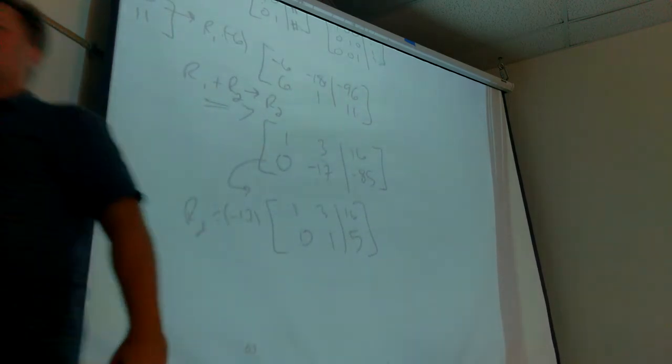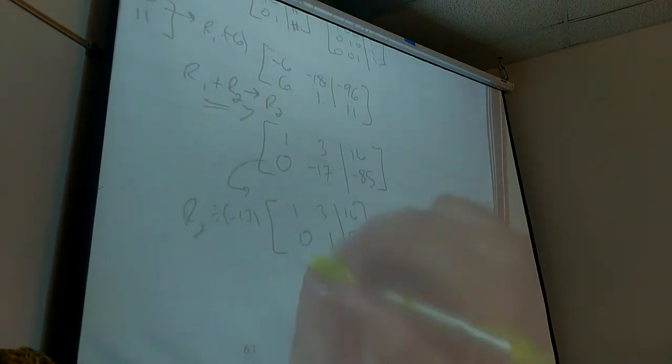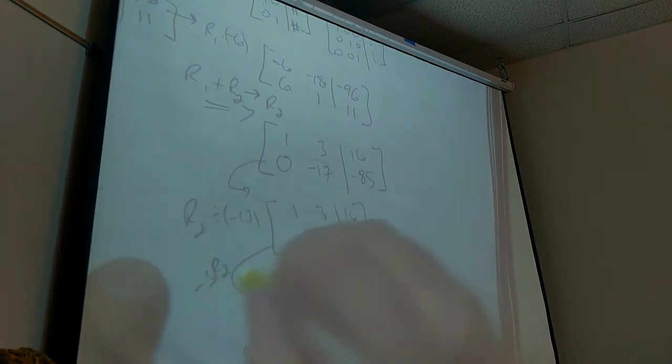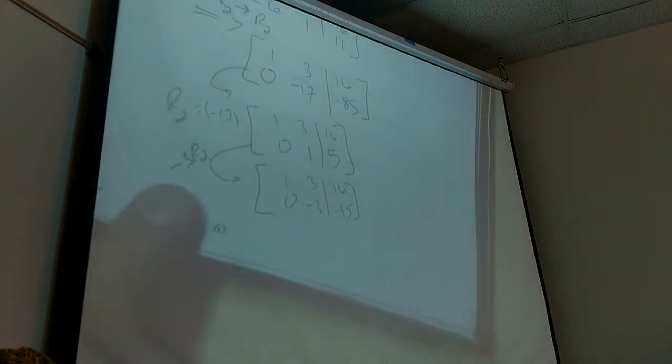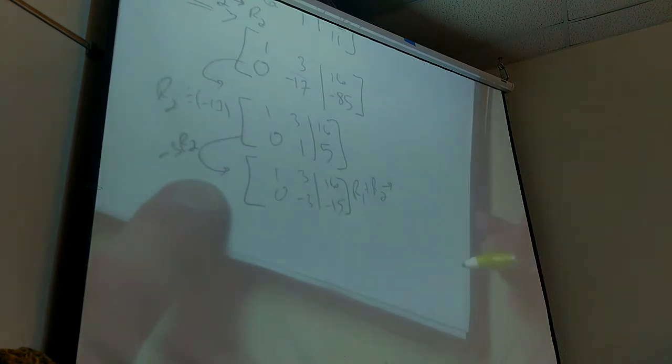So what did we just say? We're going to multiply this row by negative 3. Let me write that. So this will be 1, 3, 16, and 0, negative 3, negative 15. And then I can add these together. So row 1 plus row 2. Put the answer where?